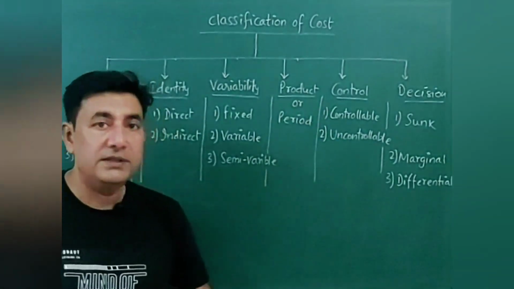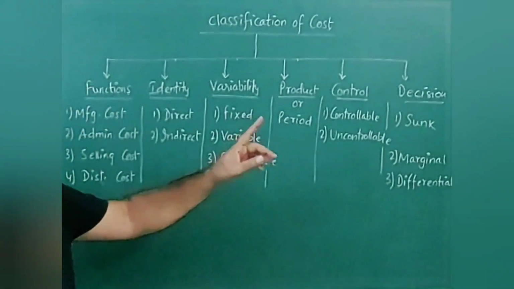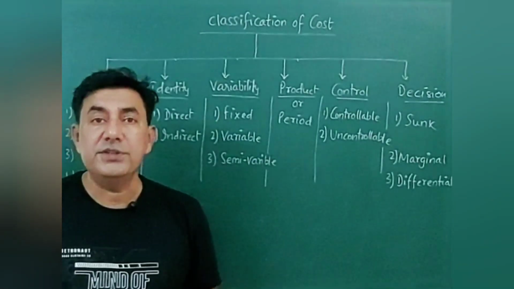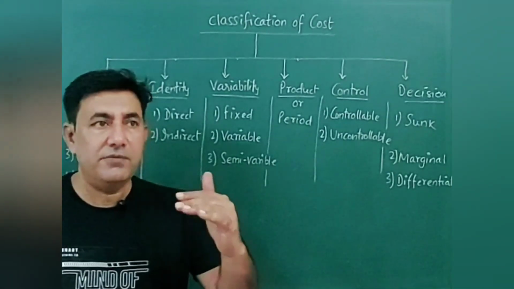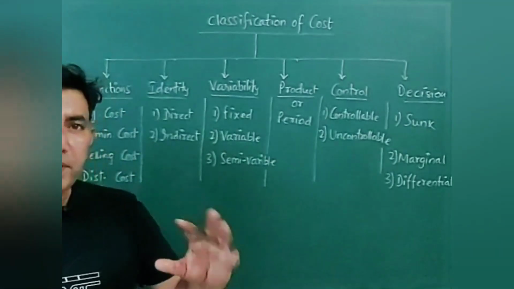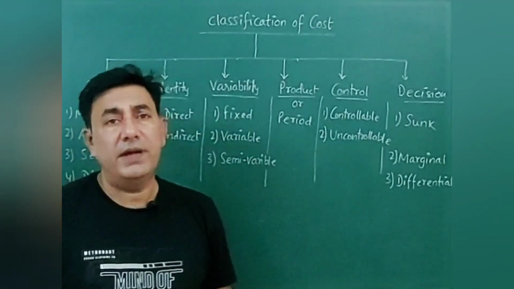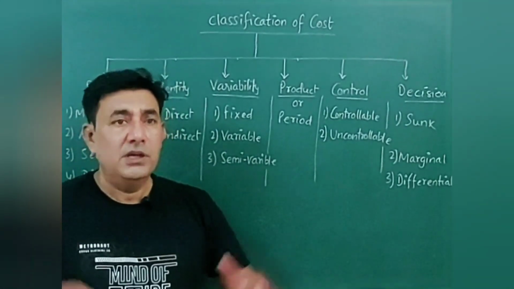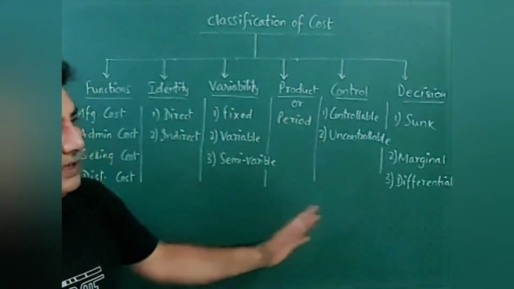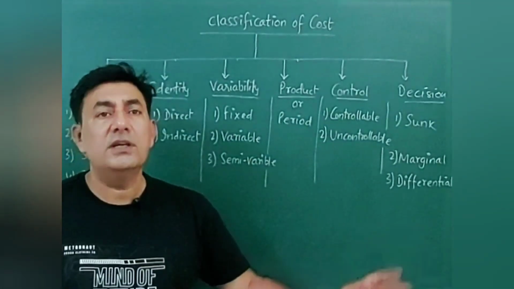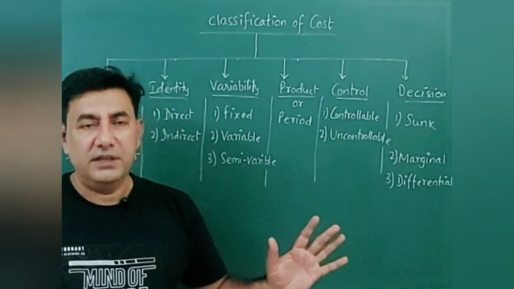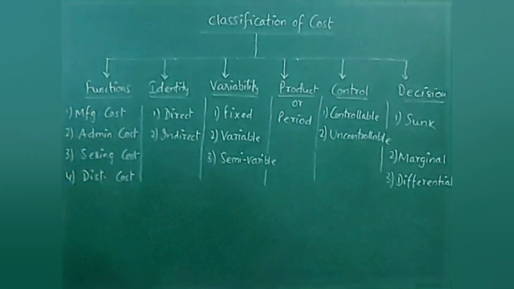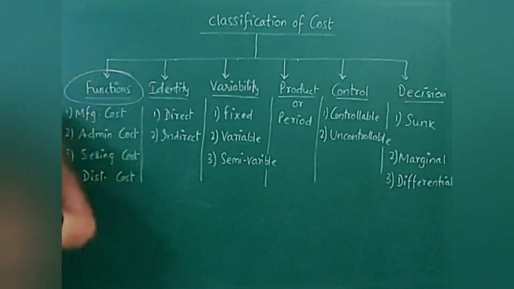Number five, on the basis of control. And lastly, on the basis of decision making. So these are the categories on the basis of which we classify the different types of cost. In this whole world, these are all the different types of cost, there is no other cost beyond these, right? So let's see first, on the basis of functions.